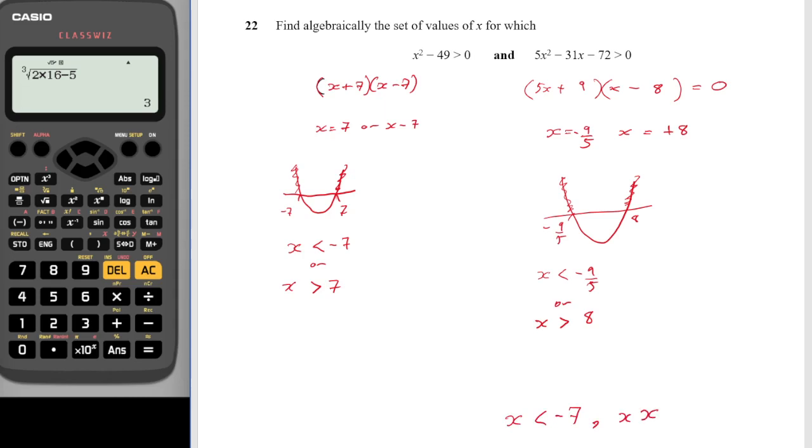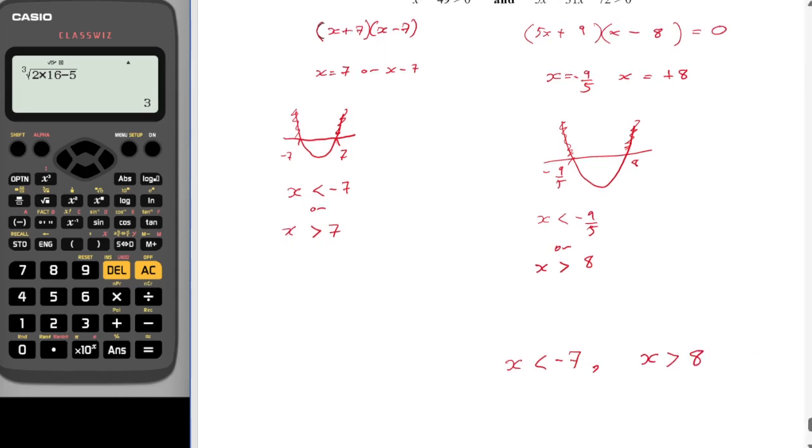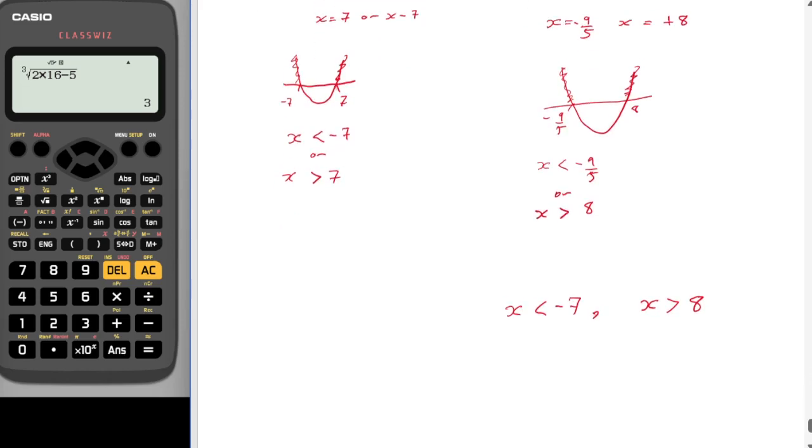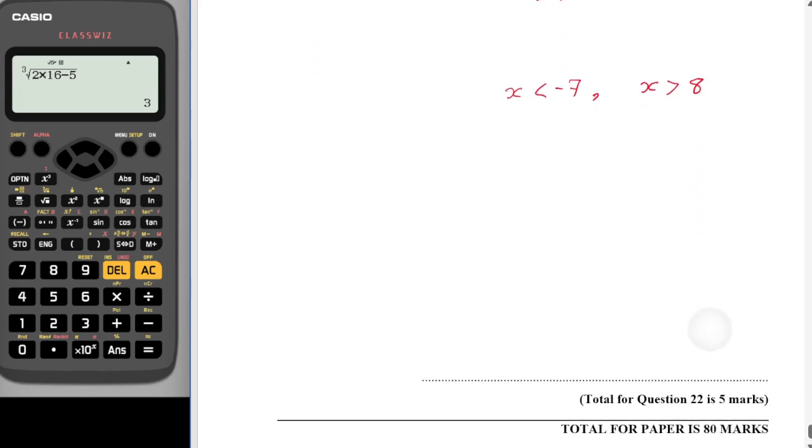And those are the inequalities that satisfy both equations. So let's write that again: x has to be less than minus 7, or x has got to be greater than 8.